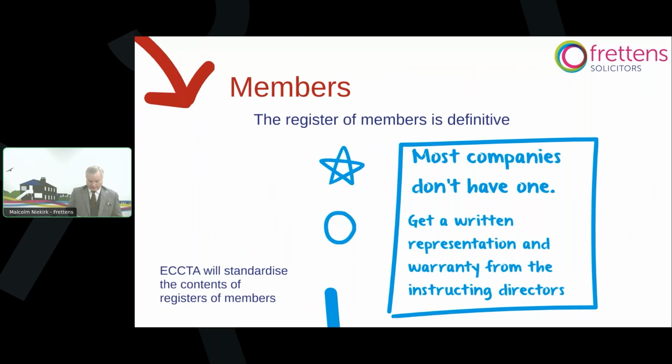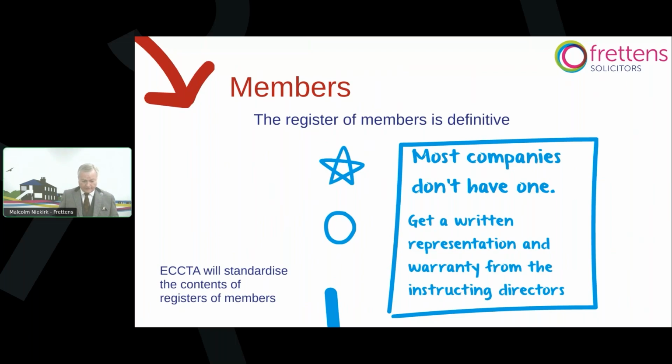I've mentioned that companies law gets bits transplanted into it from time to time. Currently, we've got the Economic Crime and Corporate Transparency Act, or ECTA as it is known to its friends. One of the things that ECTA is going to do is standardise the contents of registers of members. I can't imagine that that's going to result in any more companies actually keeping a reliable register of members than currently do so.